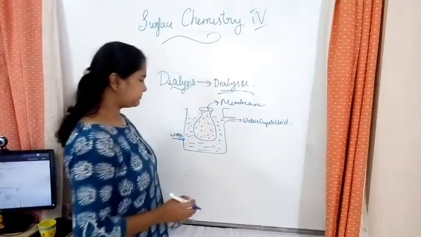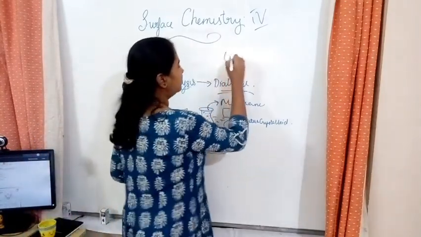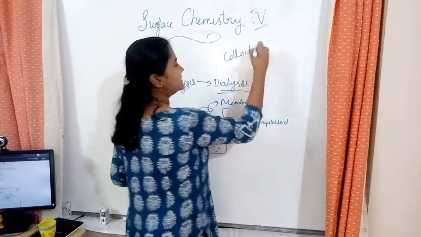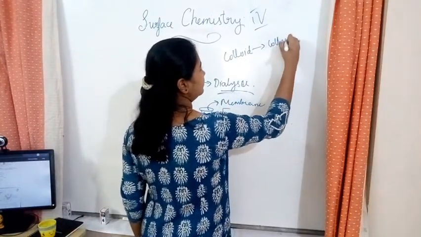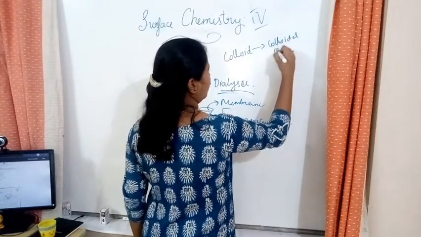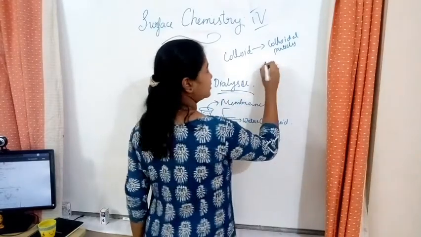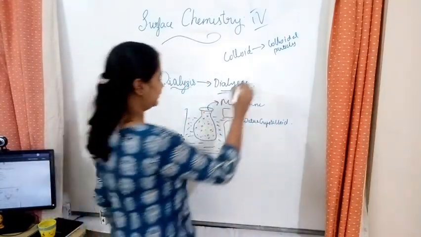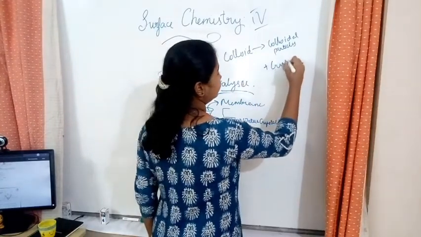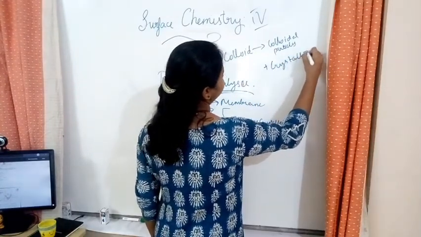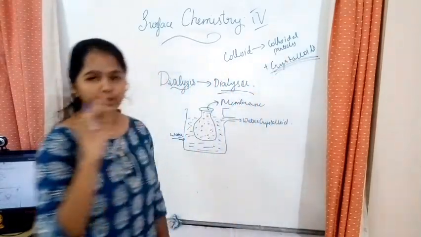Over here you know that for a colloid to be stable it should have the colloidal particles. The electrolytes are also known as crystalloids, and we know these crystalloids are the unwanted particles.